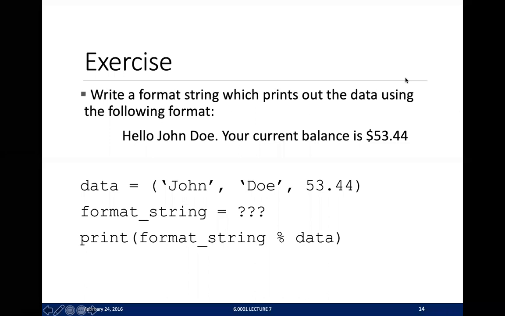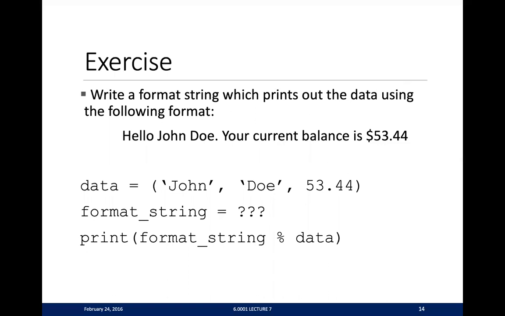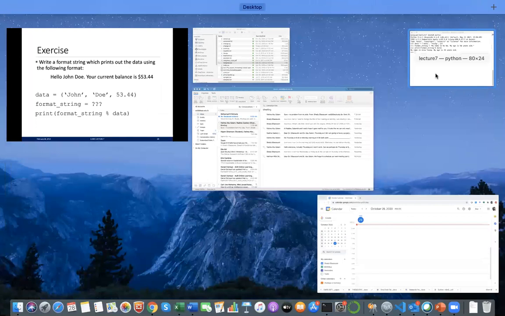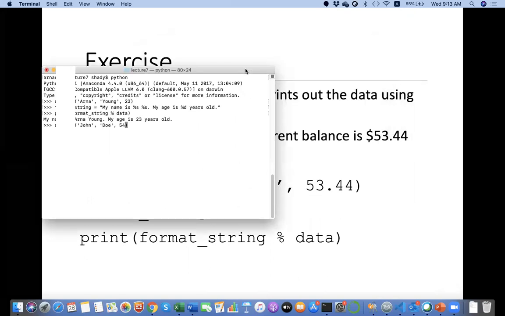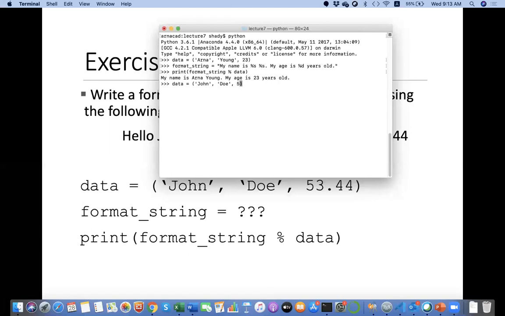Okay, so format string is saying hello, percentage S, perfect, and then a full stop. Current balance is percentage F. Let's try this out. Okay, that's a good start. So I'm going to say data is equal to John, Doe, and the balance is 53.44.